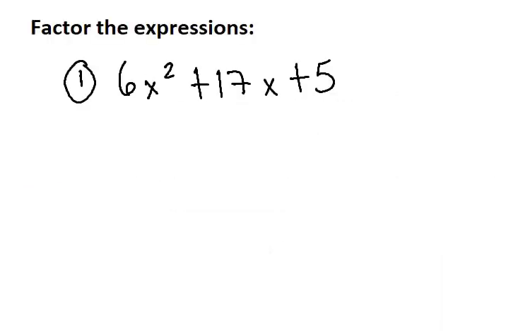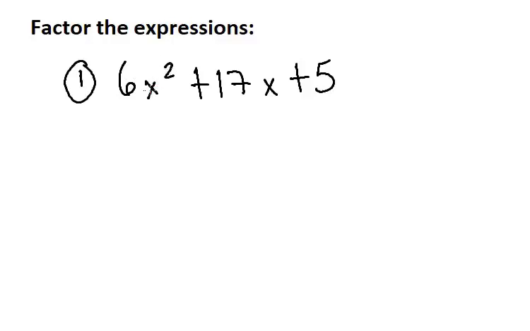So if I'm trying to factor this expression, I cannot use the factoring trinomials method because it has a coefficient right next to the x squared that is not 1. So I need to use, in this case, the scissors method. The way I'm going to do it is I need to think of two numbers that multiply to give me 6x squared in this case.